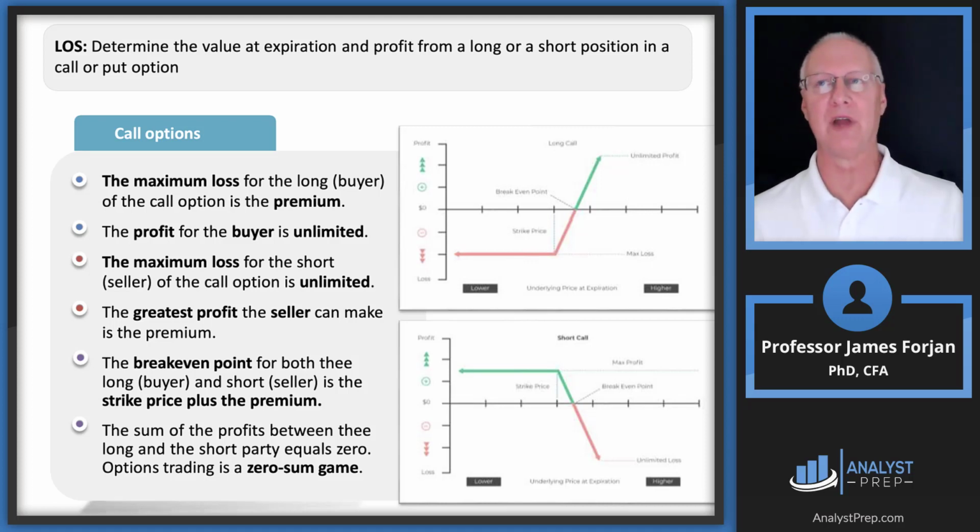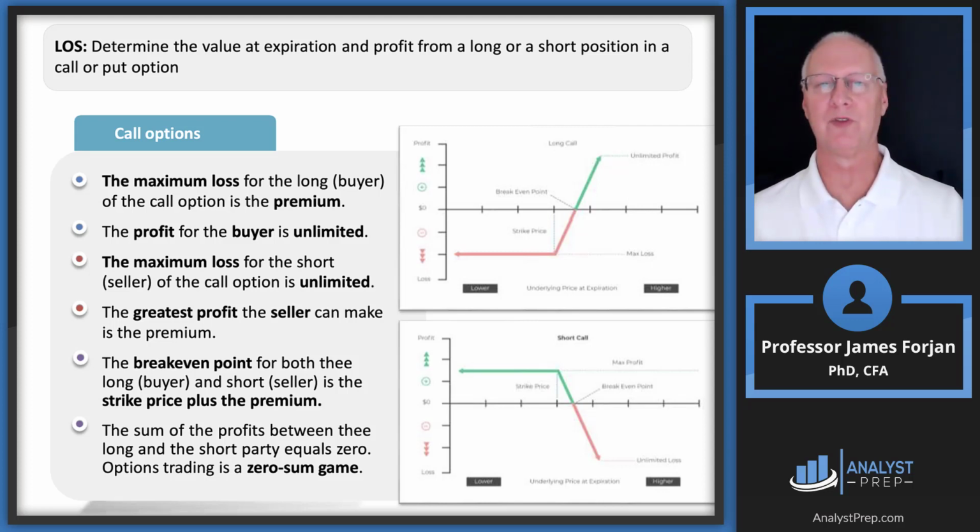So you hand me $5. What I hope is I never see you again. And I'll never see you again when the price falls, even just a little bit or a lot, and then I get to keep your premium. Now for me, that's a positive return. For you, that's a minus 100% loss.